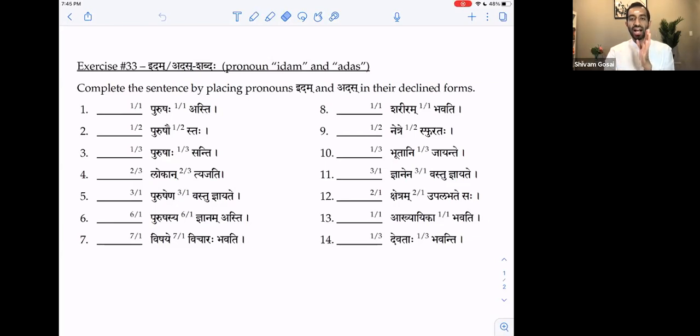Now akhyayikaha, 1, 3. So then ami akhyayikaha bhavanti. We can keep it bhavanti. Sorry, that's right.